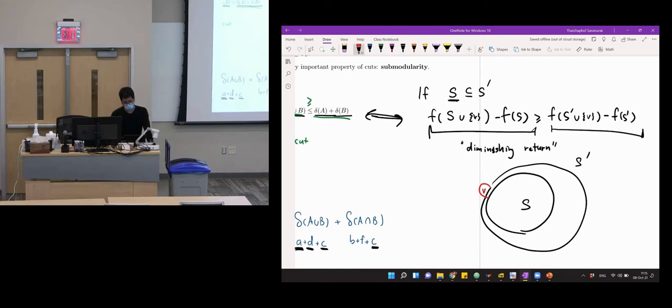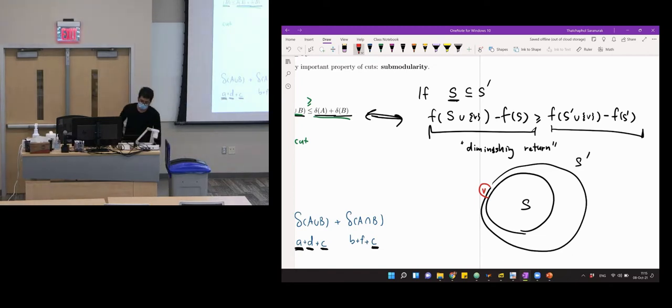If this is V, whatever exists outside both S and S prime is anyway there. So when V is transferred to S, the decrease would be the number of neighbors of V. When V is transferred to S prime, it has only more neighbors.